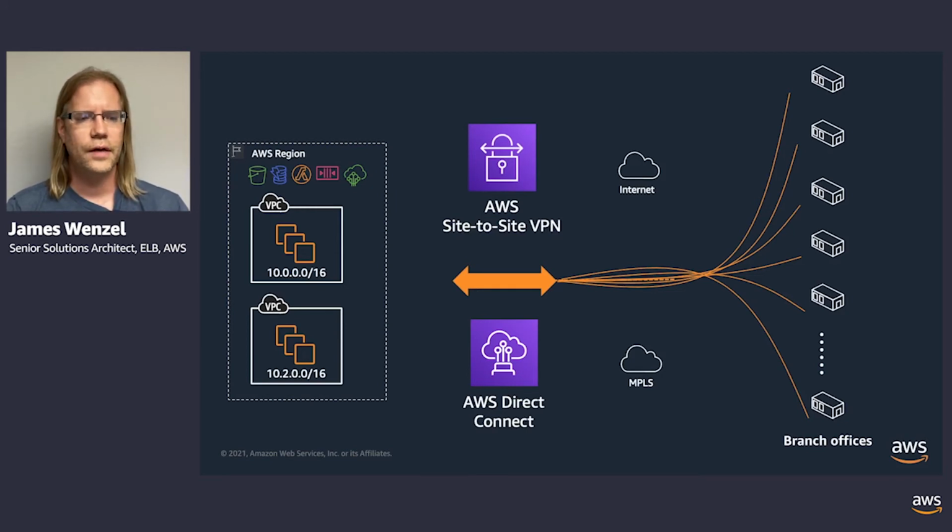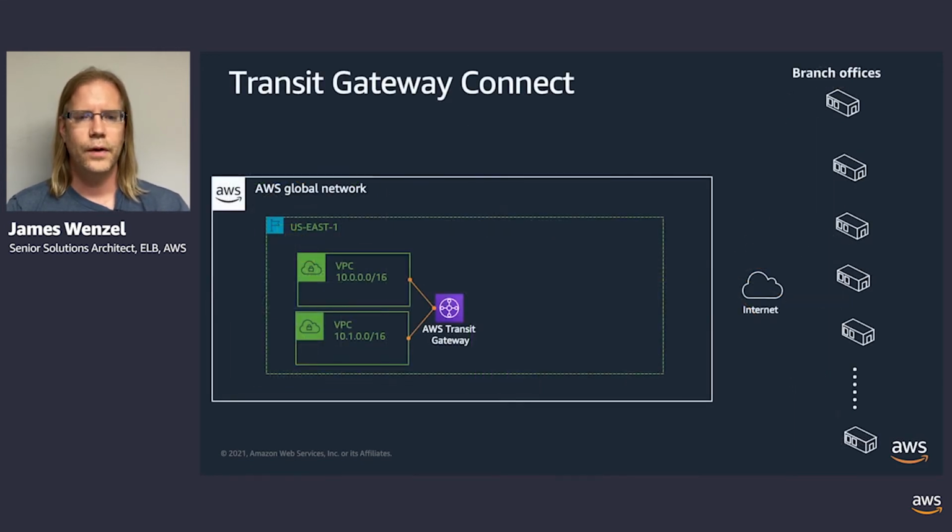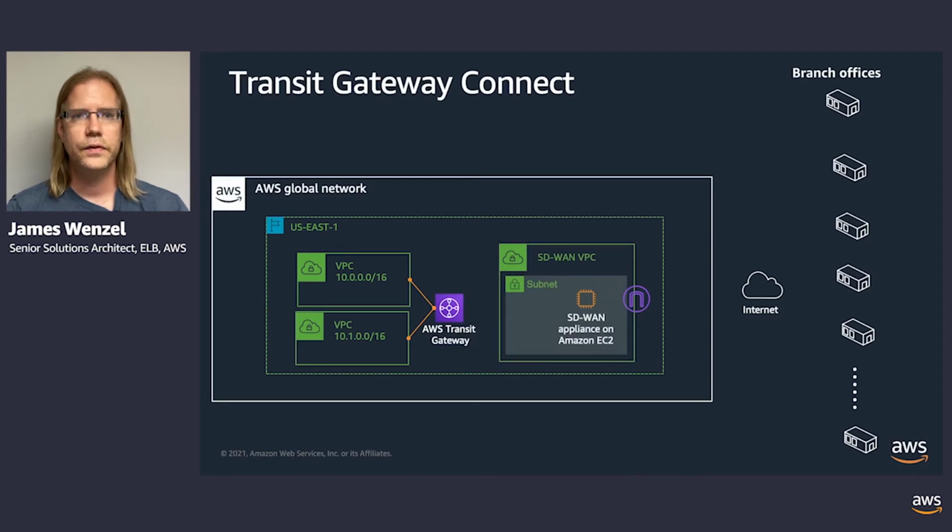So you have your Transit Gateway Connect, and your Transit Gateway is connected to a couple of VPCs. You have your different branch offices that want to connect, and what you need to do is set up your SD-WAN VPC, or software-defined WAN VPC. In there, you'll have something that runs some form of appliance on EC2 that handles all of your SD-WAN connections.